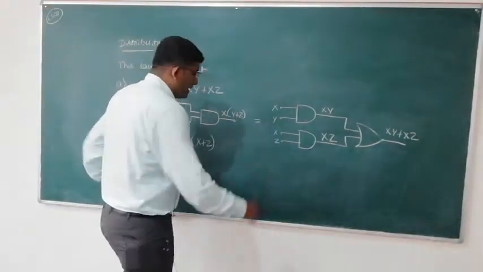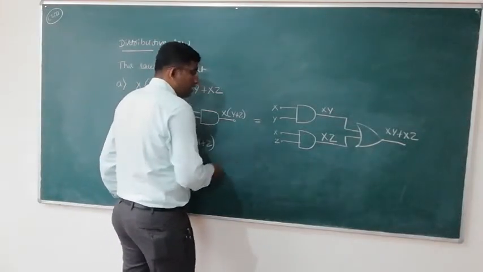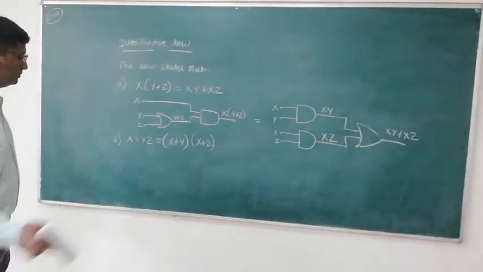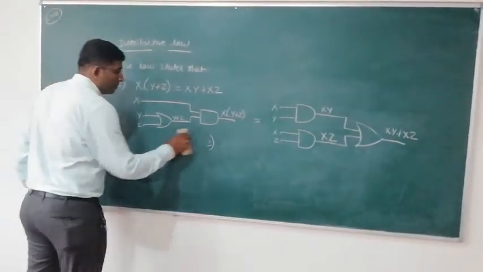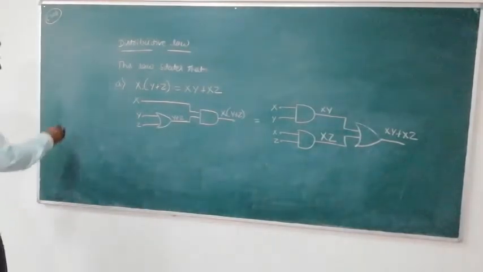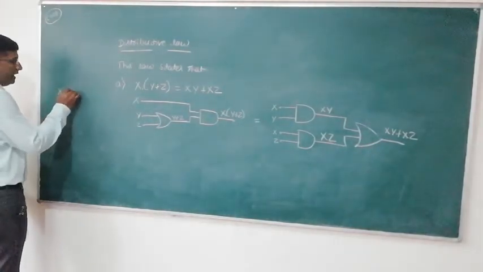We can prove it by making use of a truth table, whether left hand side is equivalent to right hand side. Consider, here we are having three inputs, x, y and z.